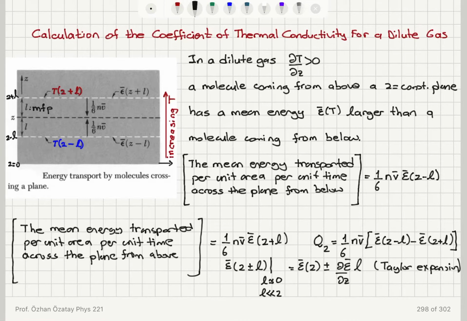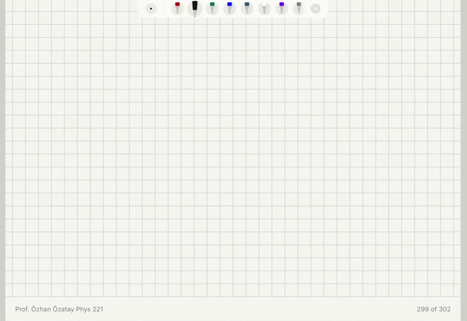It's a first degree approximation. So we can look at the heat flux Qz.